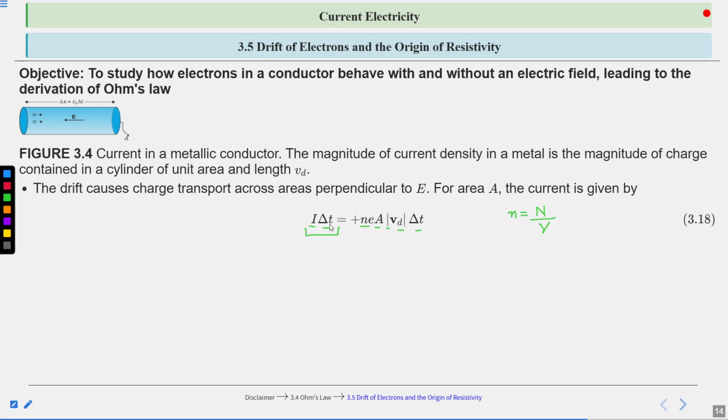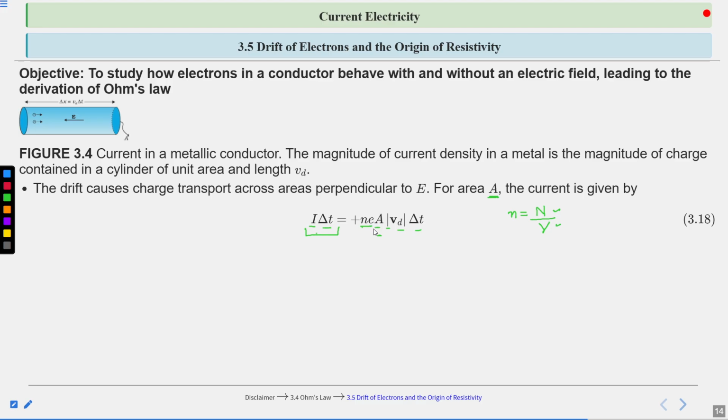Okay, in the left hand side, what is given? Current into delta T. What is this? Charge. Okay, charge flowing through that area A. I into delta T. We know that I is equal to Q by delta T. So I into delta T will be Q, the charge flowing through this area A. So this is charge, left hand side. We also want the right hand side as charge. So what is this? Small n, the number of electrons per unit volume, into e.